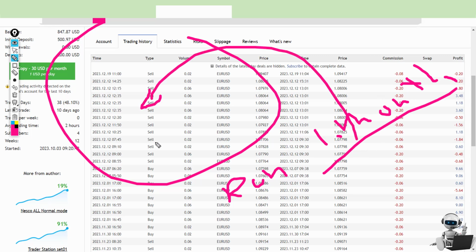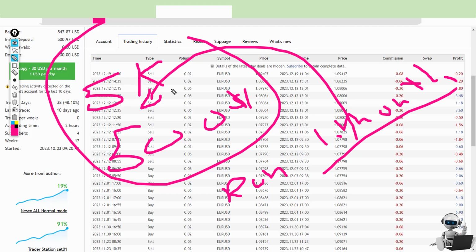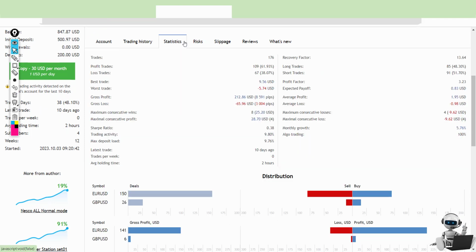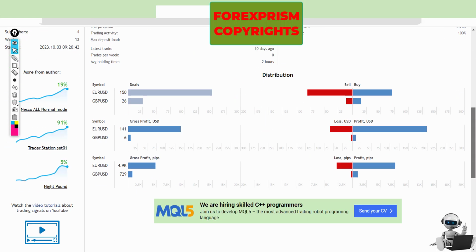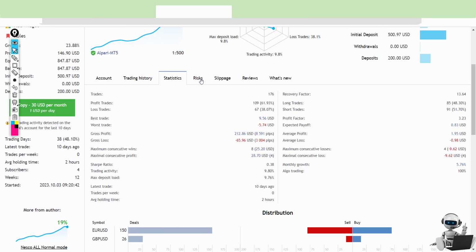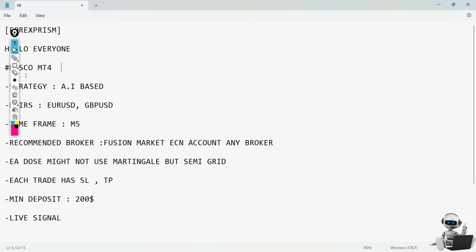Then I will transfer to live, starting with 500 US dollar, and then increase it when I have seen the full picture of the EA and it is profitable in 4 or 5 months, then I can increase it to 5k. And that's how I select my EA, because you have to be very careful when selecting an expert advisor, because there is danger and there is uncertainty like any business in the world. So overall this EA seems quite impressive.